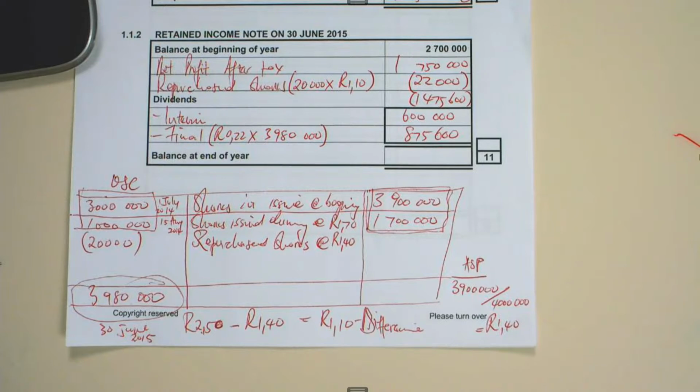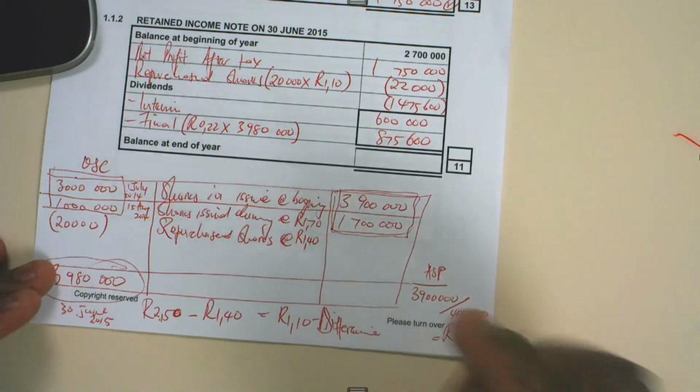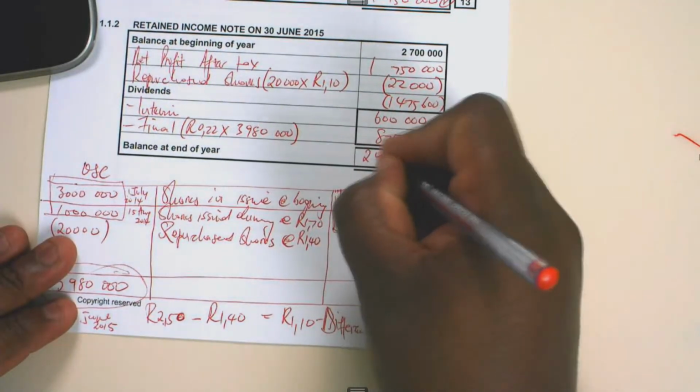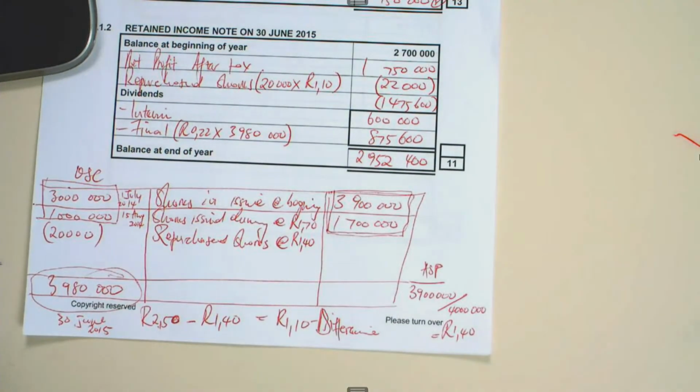So 2.7 million plus 1,750,000 minus 22,000 minus 1,475,600. Our balance at the end is 2,952,400 rand. All right, that will be your 11 marks.